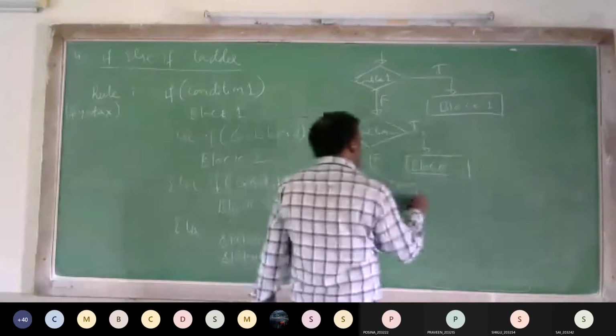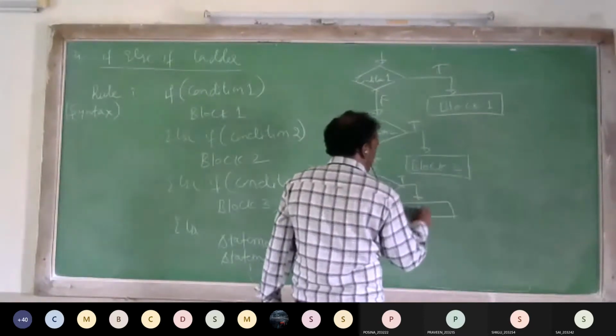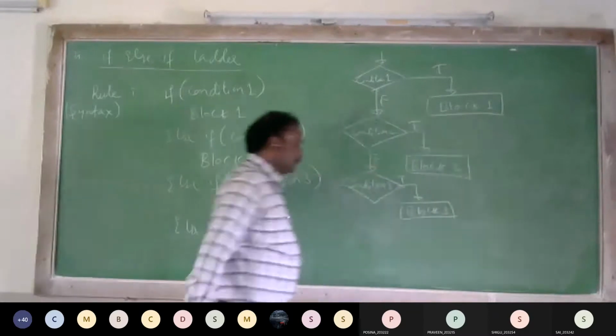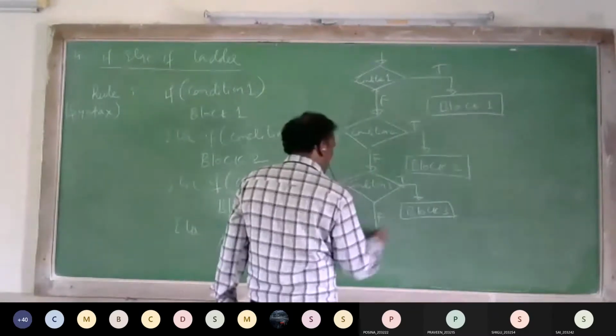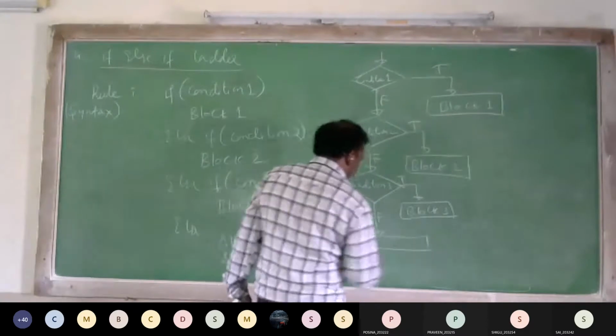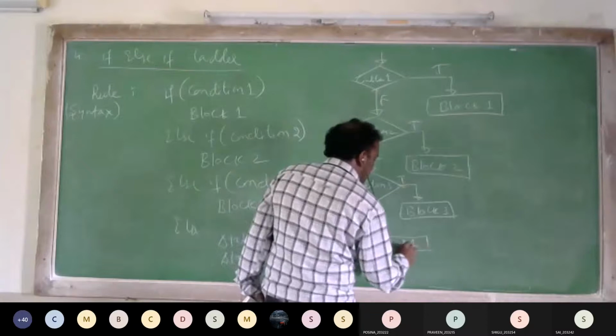If condition 3 is true, then it will execute block 3. If condition 3 is false, then it will execute statement 1.